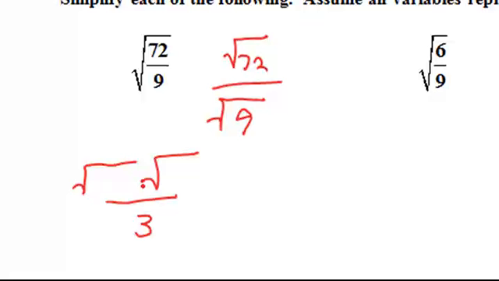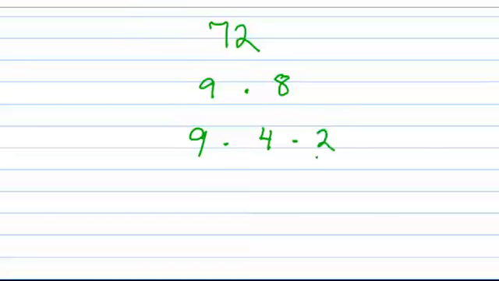Let's see. Yeah, I wrote all over the board, didn't I? 9 goes into 72 how many times? 8. Or 36. 9 times 8 is 72, right? What perfect square goes into 8? Oh, 4 and 2. So this is really 9 times, and we'll say that's 4 times 2.